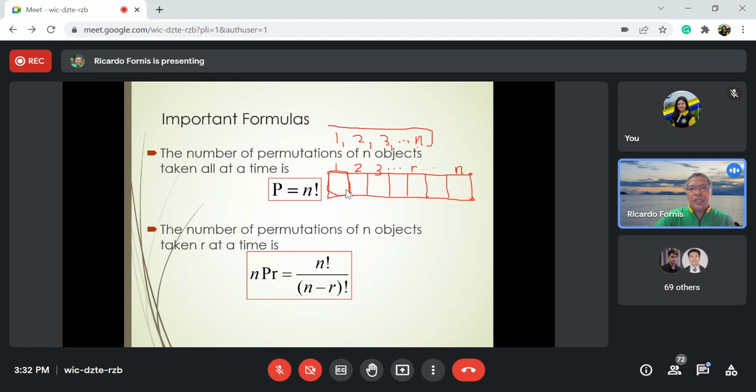Considering these as the candidates, there are n objects, and therefore, there are n possibilities of putting an object in this box.